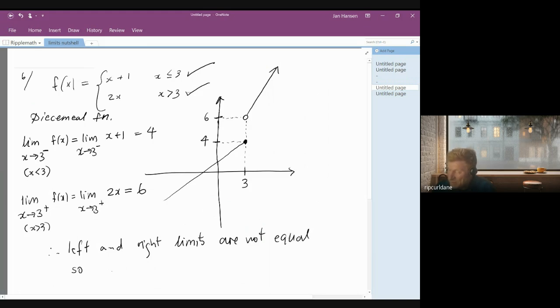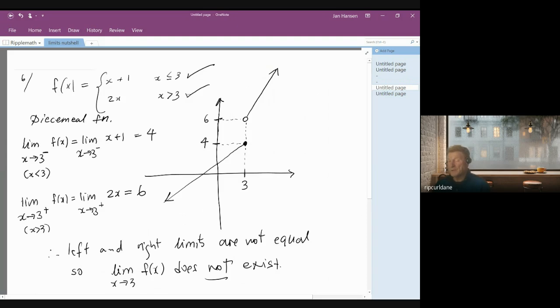So that means that the limit as x approaches 3 of f of x does not exist. The left and right limits exist, but they're not equal. That's all there is to that one. I should put an arrow on this one here, and that covers that one. Does that make sense?